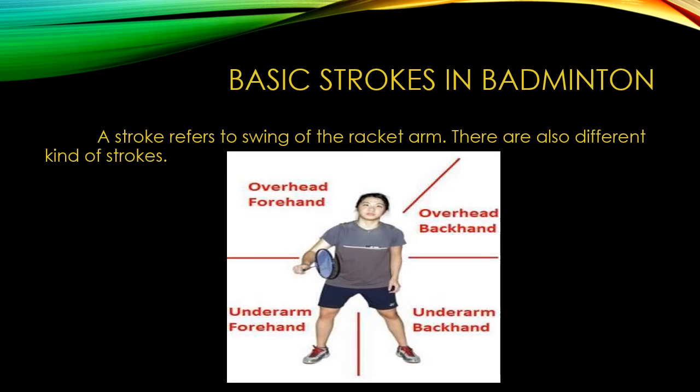Now let us proceed to the basic strokes in badminton. A stroke refers to the swing of the racket arm. There are different kinds of stroke: overhead forehand, overhead backhand, underarm forehand, and underarm backhand.